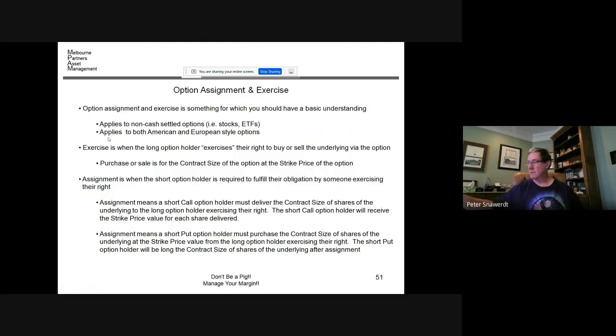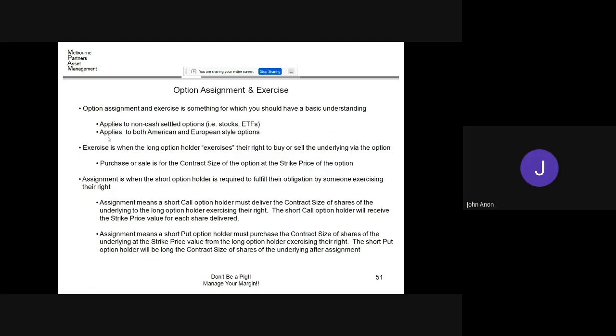Does anybody know what the difference between an American and European style option is? I personally prefer European style options. I'll say that right up front. Anybody know the difference? I'll take a punt on this.